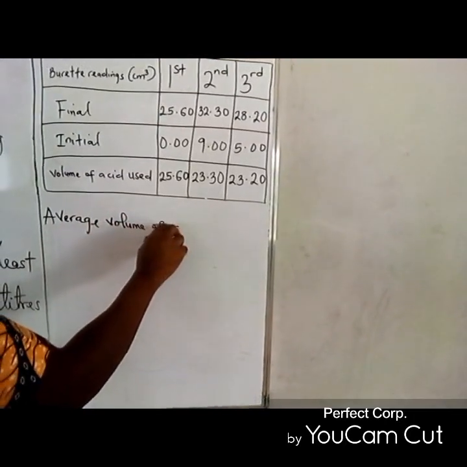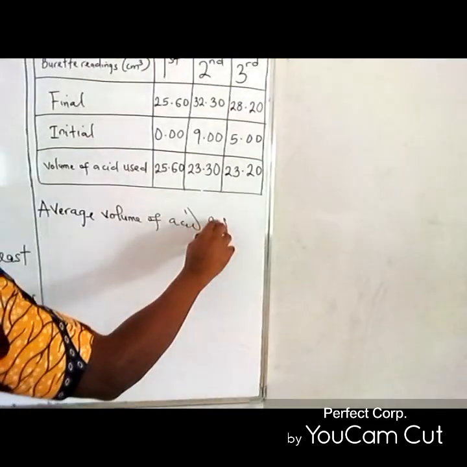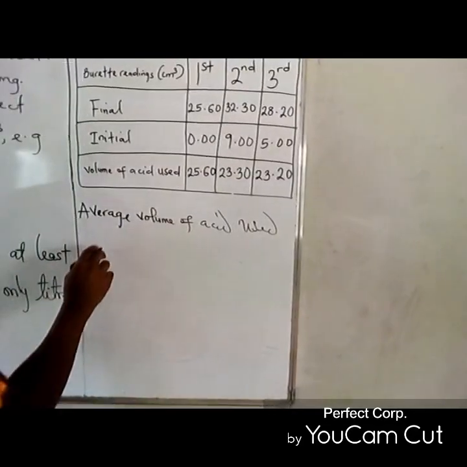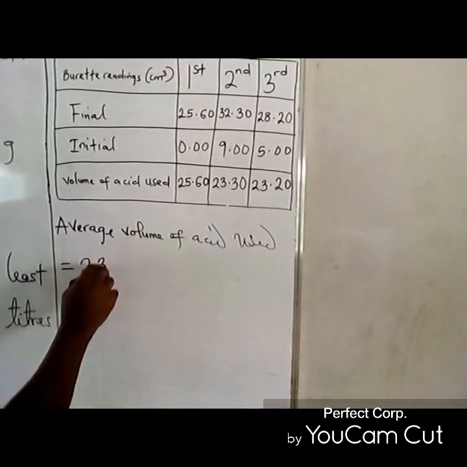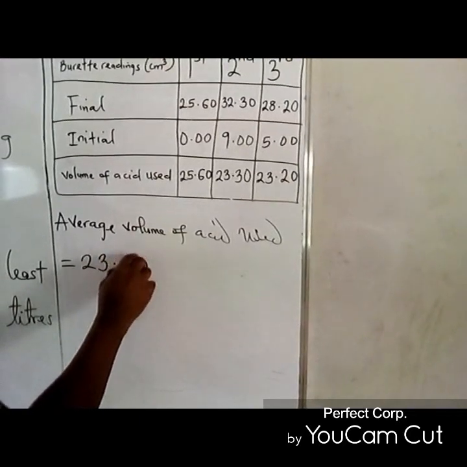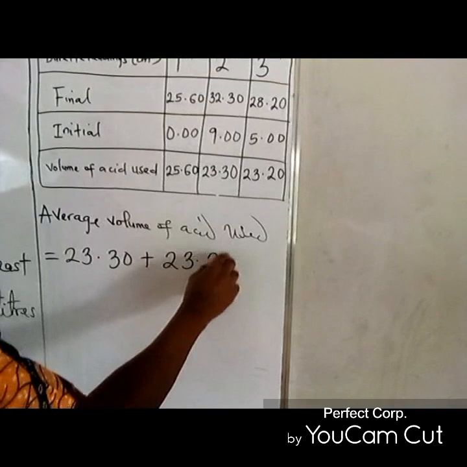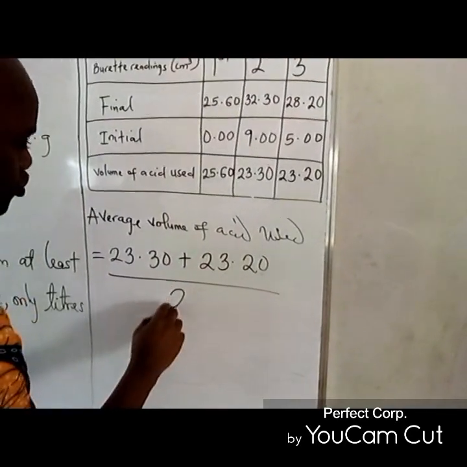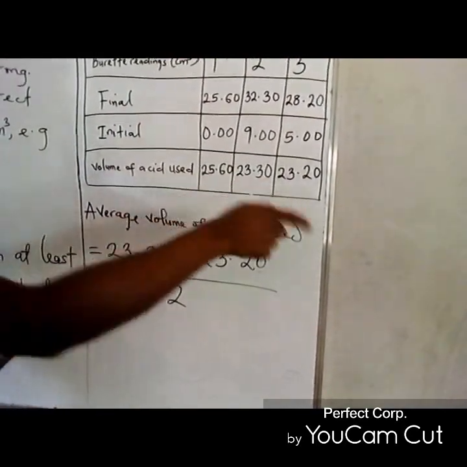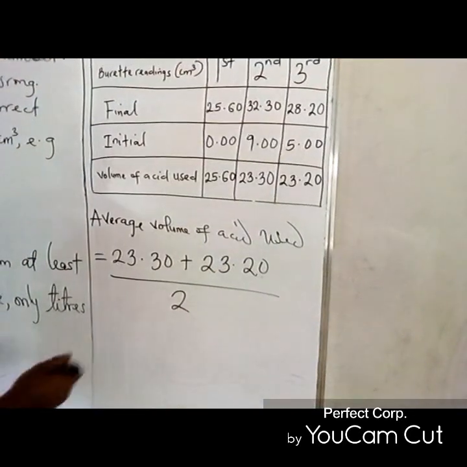Volume of acid used becomes 23.30 plus 23.20 divided by 2, because there are 2, so we divide by 2.